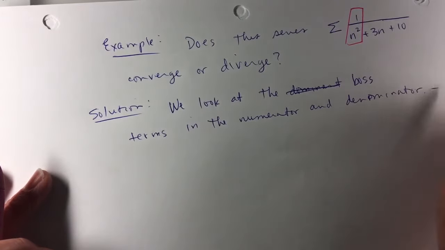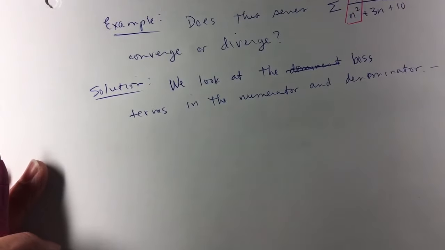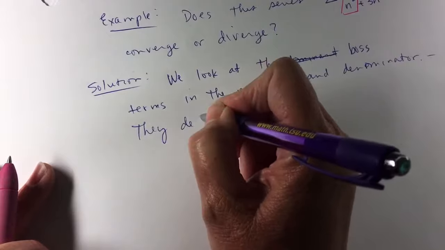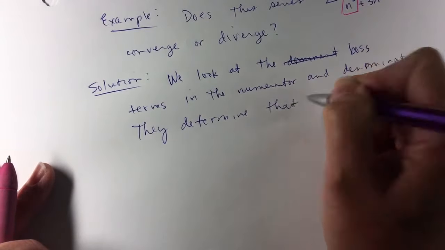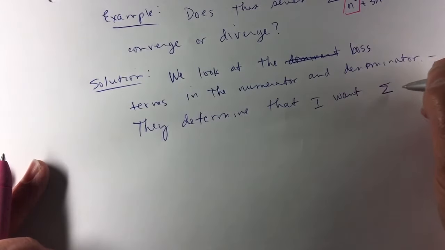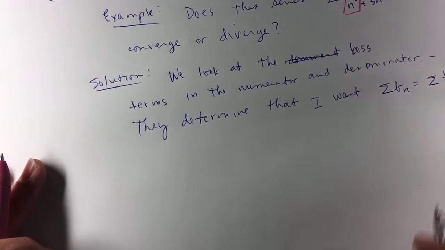And for this problem, they determine your series B sub n. They determine that I want series B sub n to be the series of 1 over n squared.